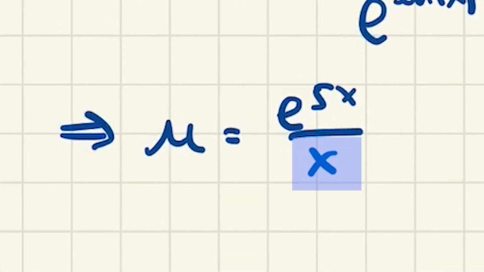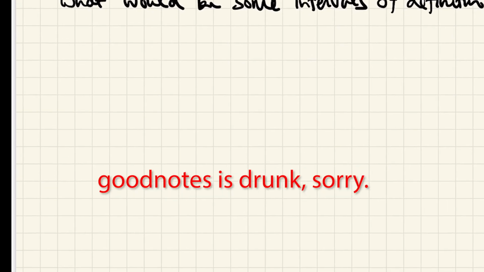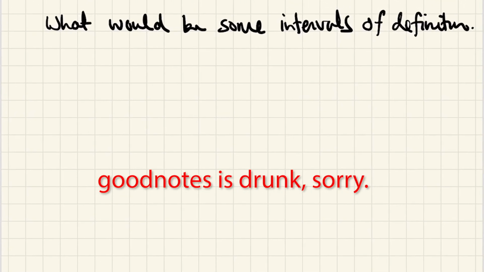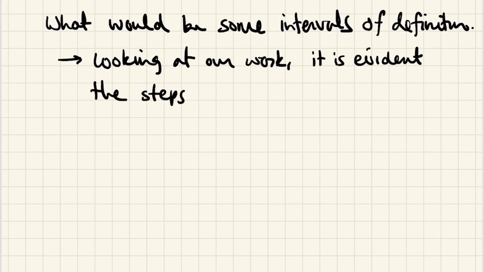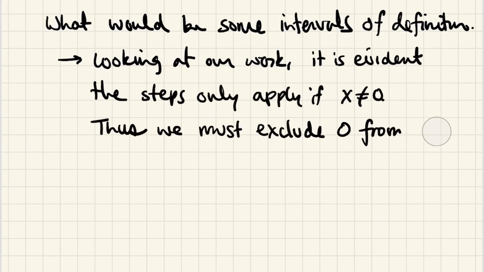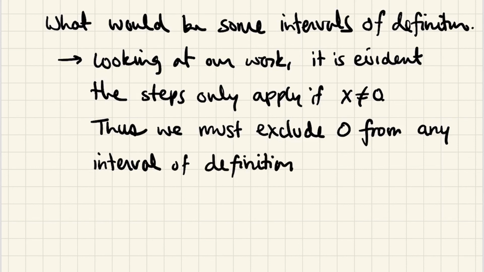Can't have 0 there. So we need to exclude 0. In this case, 0 is referred to as a singular point. It's distinct from a singular solution, which we saw in the last section.